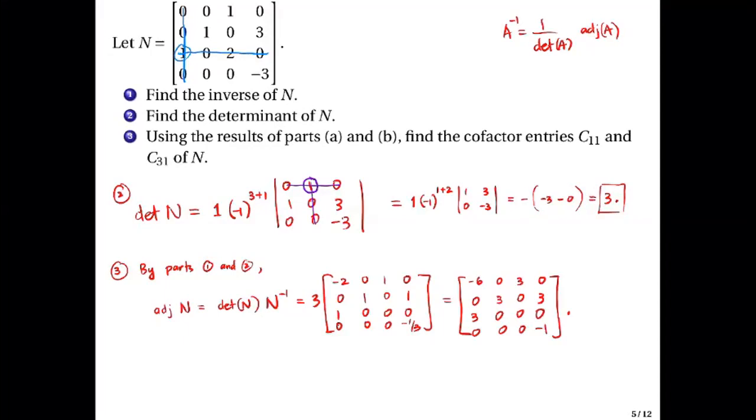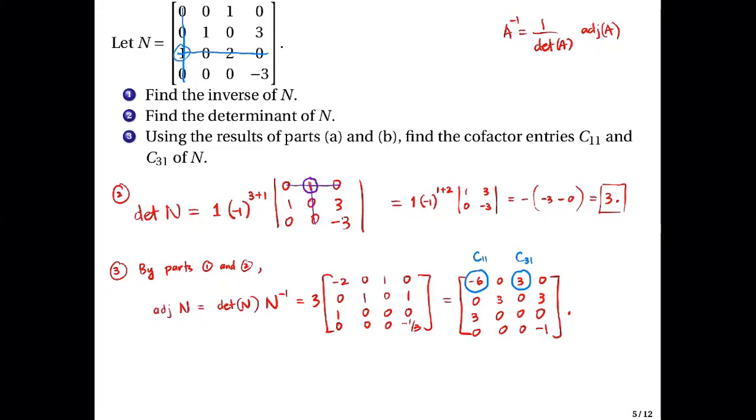And therefore, this guy here is your C11, and this is your C31. Remember, the adjoint is the transpose of your matrix of cofactors.